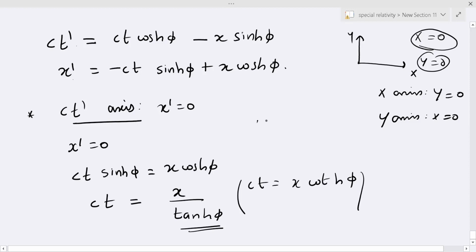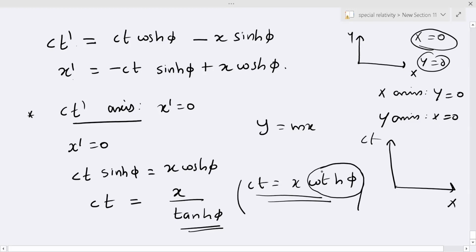Now, if you look at this, it looks like the equation y equal to mx plus c, a straight line equation, where c is 0. So it's a straight line passing through the origin because c is 0. In this equation with ct and x, this gives the slope.